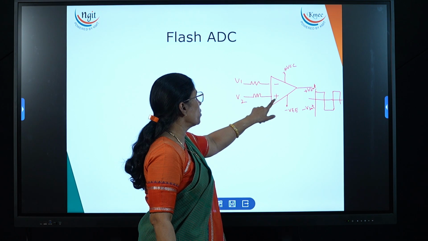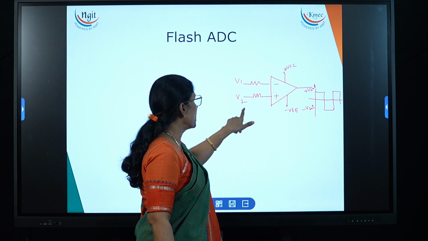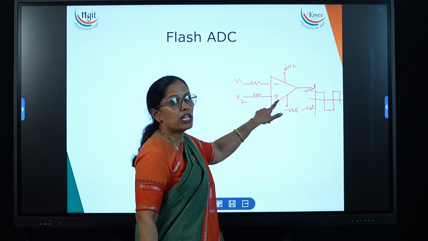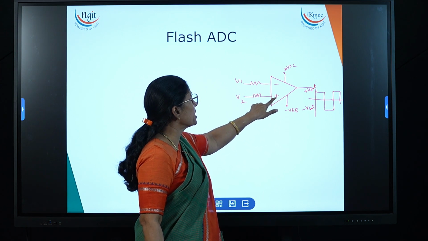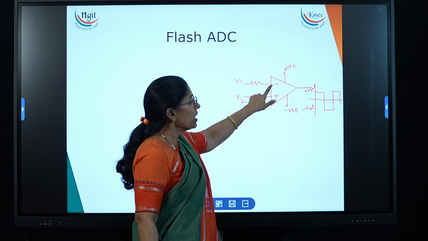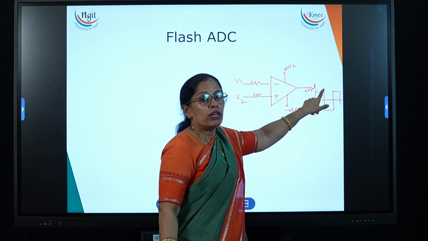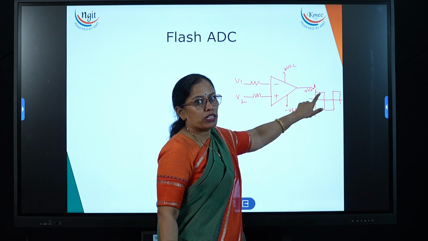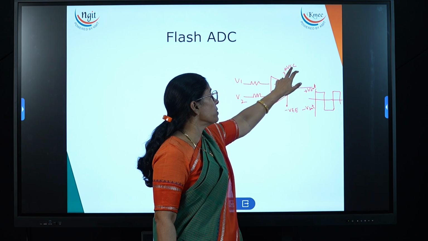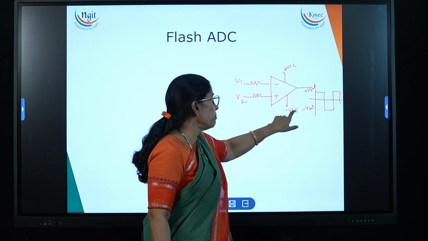Now whatever the signal connected to the positive terminal, if this positive terminal voltage is greater than the negative terminal voltage, then at the output we will get the plus VSAT value. This plus VSAT value depends on the plus VCC and minus VSAT value depends on the minus VEE.